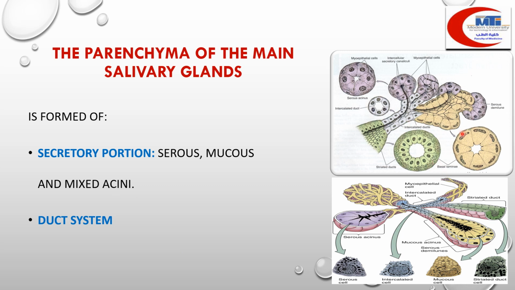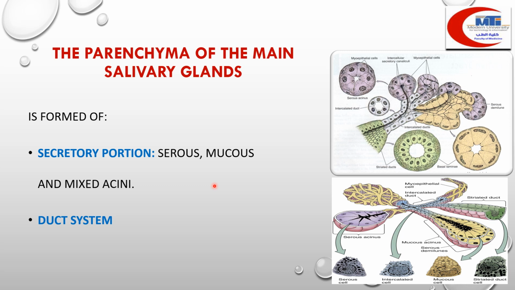This is the secretory units and duct system that will transport the secretion to the outside of the gland. The secretory portion is formed of these cells that will form the secretion. This secretion may be serous or mucus or mixed. So the secretory portion may be formed of serous acini, mucus acini, or mixed acini of both serous and mucus.